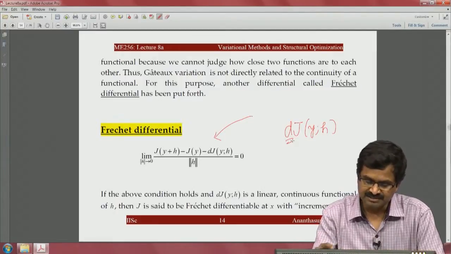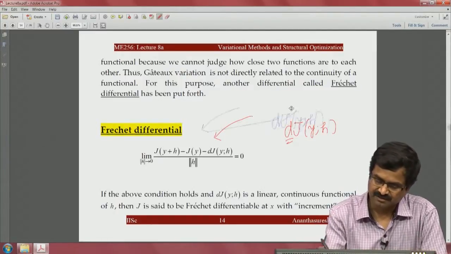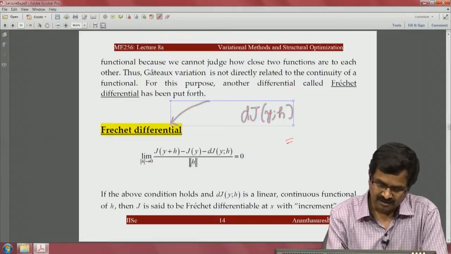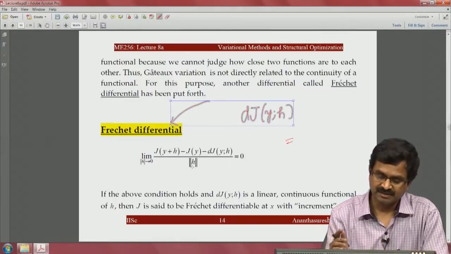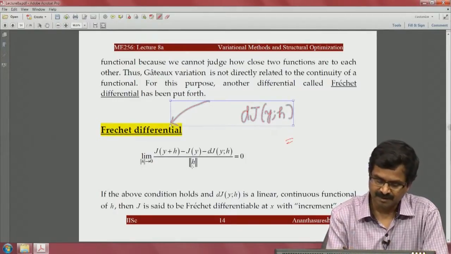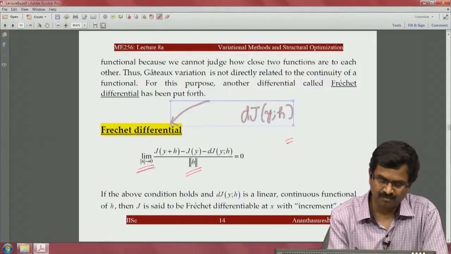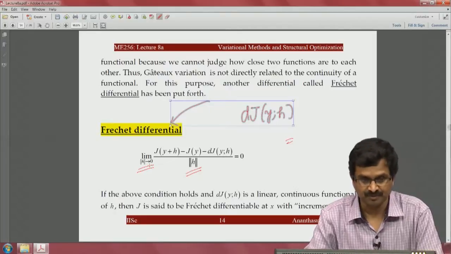So this dJ is the Fréchet differential, defined not in terms of epsilon. It still uses h, but we are putting the norm of h in the denominator, making that norm of h tend to 0.